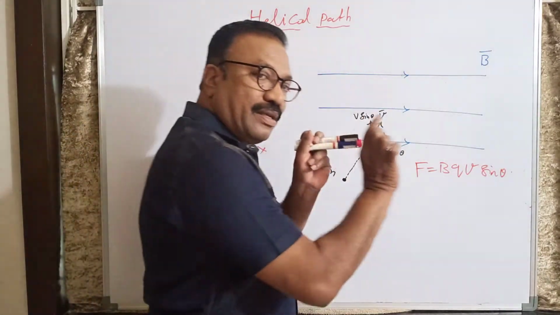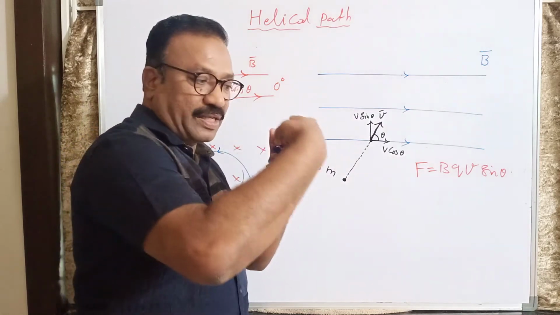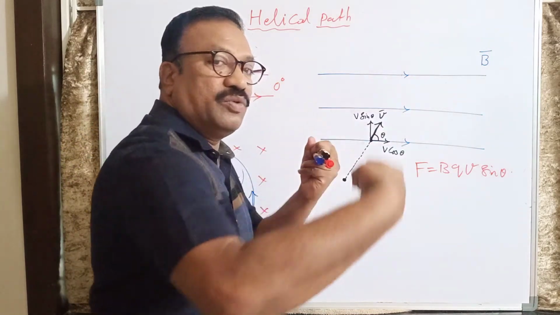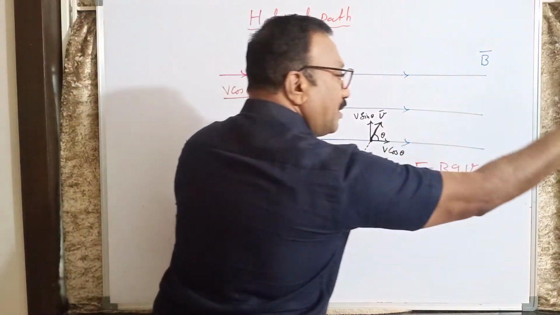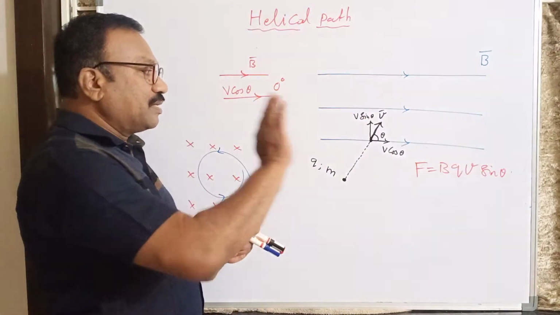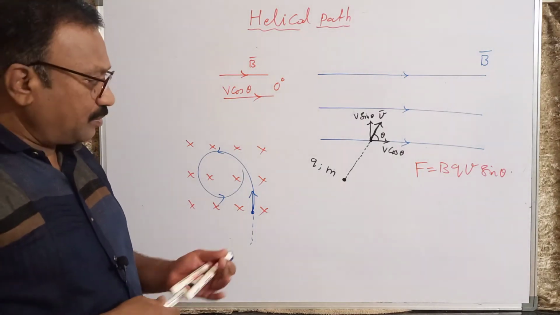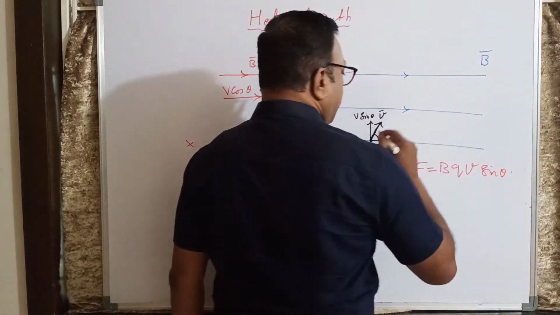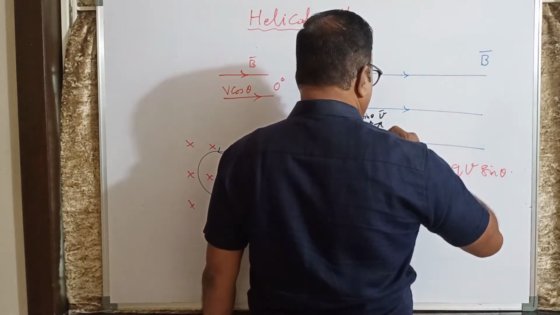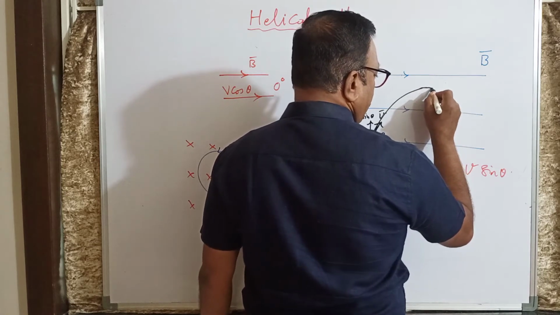V cos theta causes a linear motion. So now the particle has to take a circular motion and it has to move forward, both horizontal and circular motion. That is called helical path. So I must say the particle goes like this.